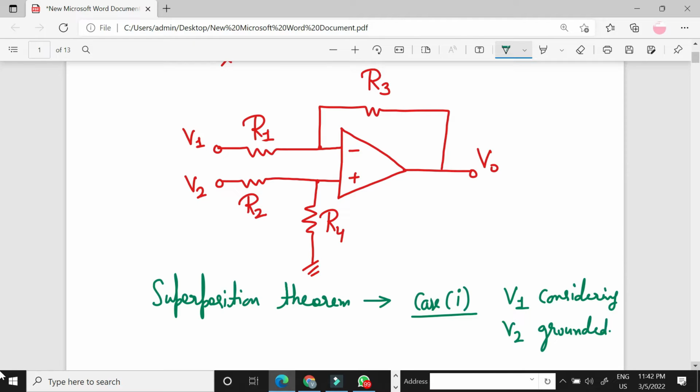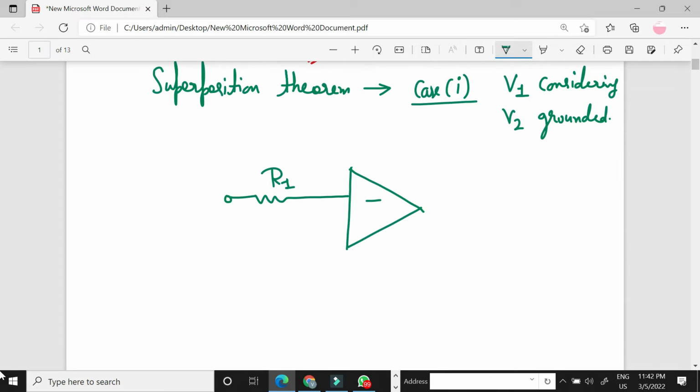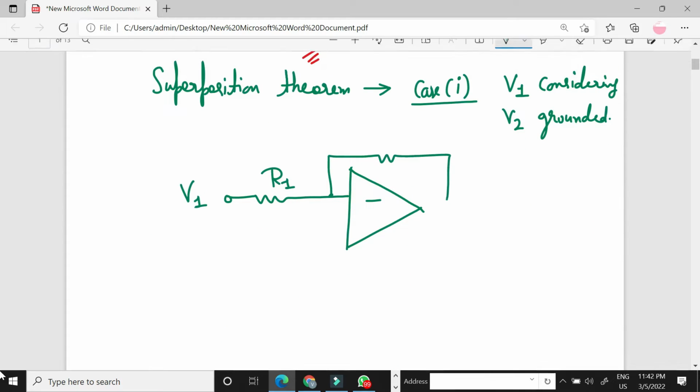Now, if V1 is considered and V2 is grounded, the circuit will be like this. This is R1. This is voltage V1. This is R3. Suppose this is output voltage V01.